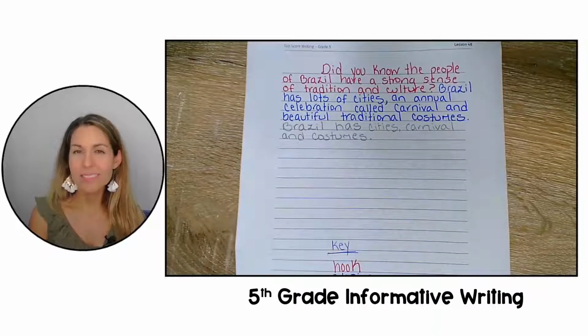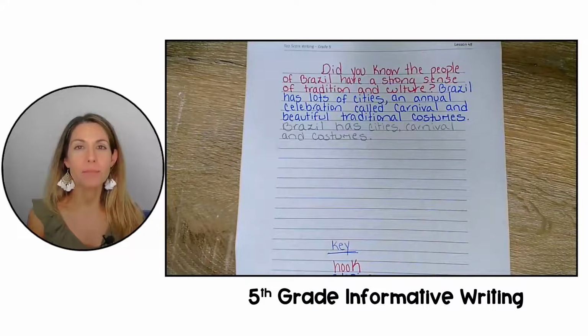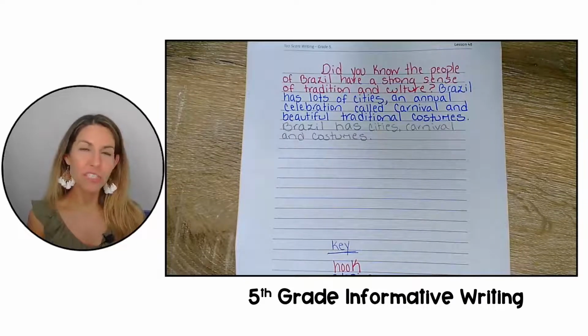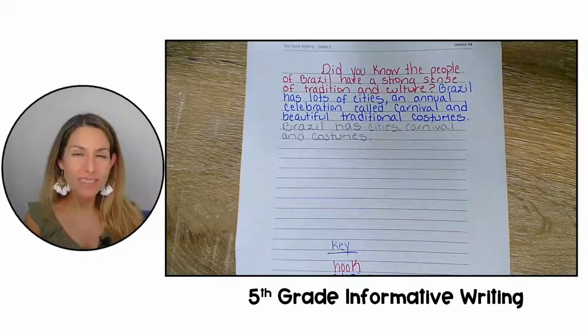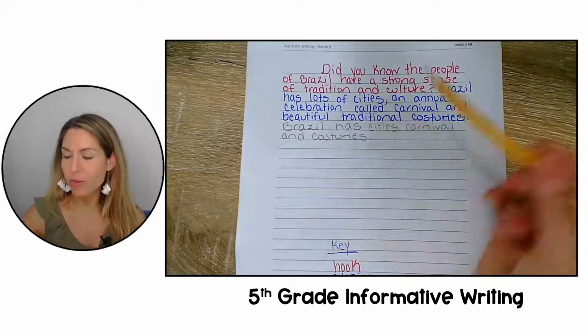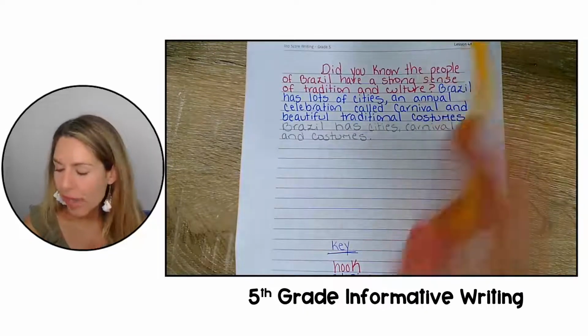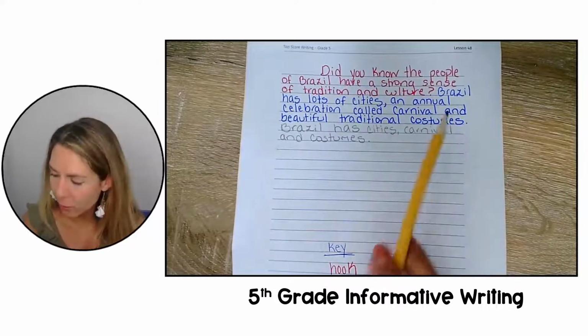Well, did it sound right? Brazil has cities, Carnival, and costumes. Didn't sound right, did it? It sounds choppy. It's almost, boys and girls, just a sentence fragment. That sentence doesn't flow. It doesn't sound right. So when we wrote our correct example in blue, we had to add some words to each topic to make the sentence flow.